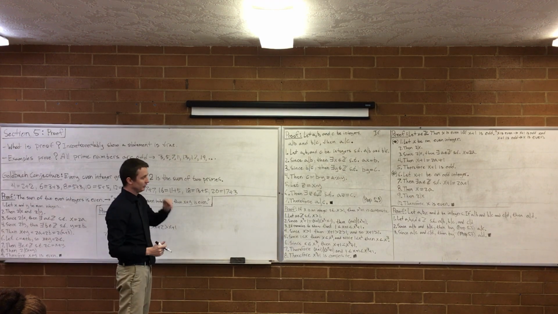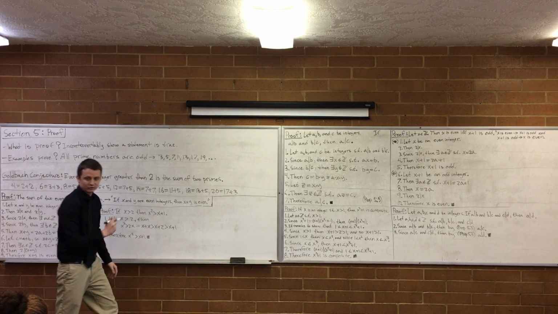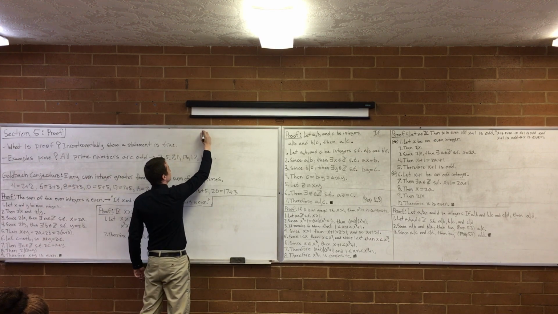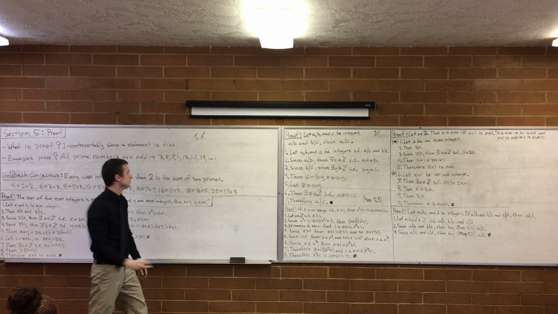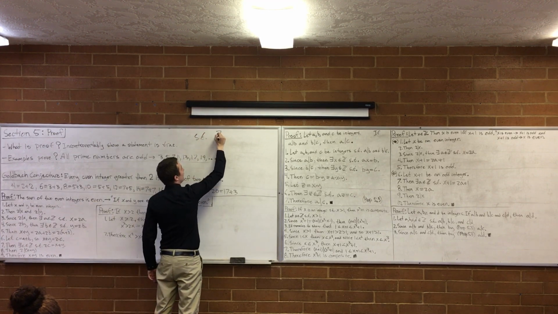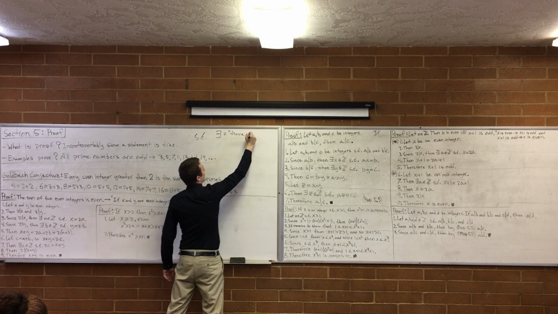The author probably doesn't use these symbols, but since the board's full and you've got to get comfortable with it anyway, let's just learn it. I'm going to write s.t., that's such that. I'm going to write a backwards E, that is there exists.